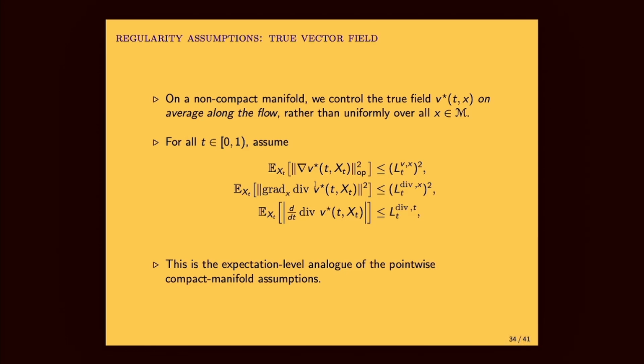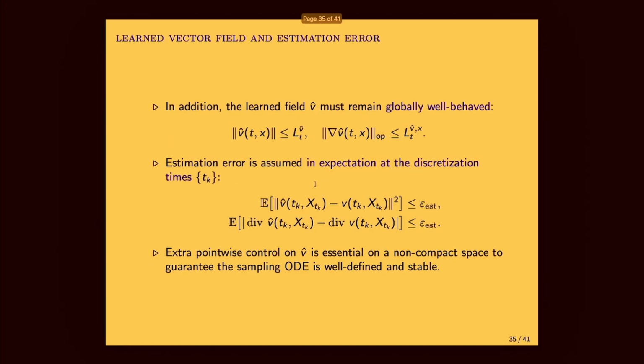And then the grad div and the time derivative of the divergence, everything holds in expectation. And here we need an additional assumption on the learned vector field, that it is also smooth in this sense, like being covariant operator norm-bounded and things like that. One way to guarantee this on the learned vector field is to enforce these as additional constraints on the optimization problem itself.